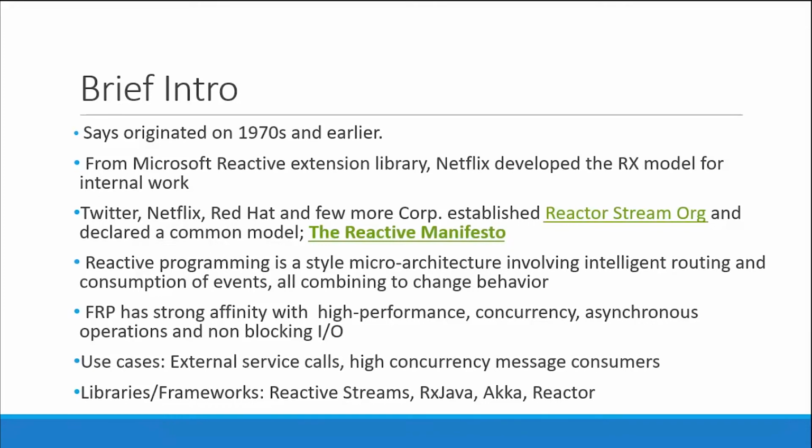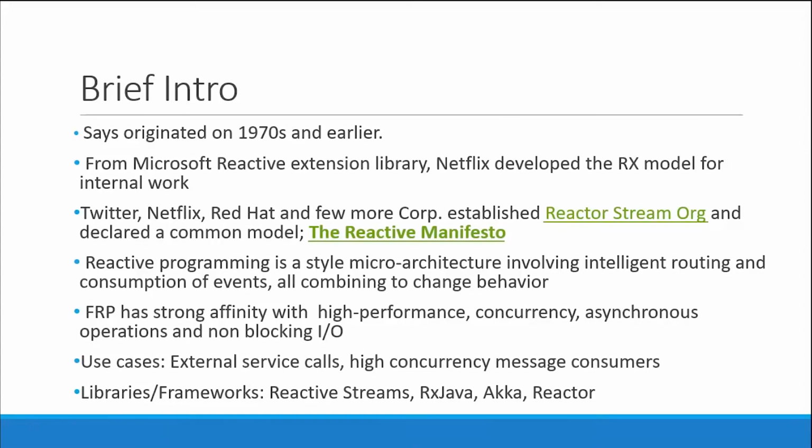When we talk about use cases, there are external service calls. We have to call some separate services in our work. We call one service, wait, and then get the result. Say we have to call more than 10 services, so we have to wait for each call one by one and then return.